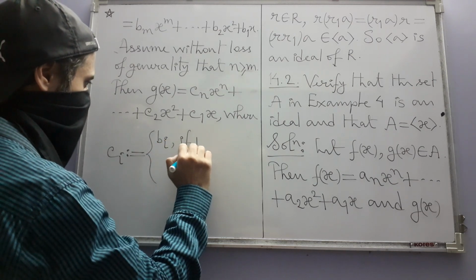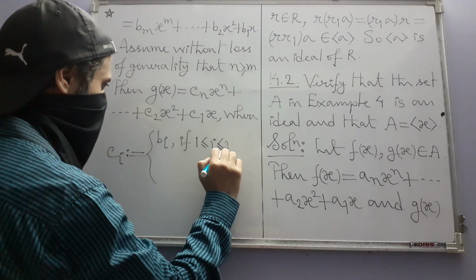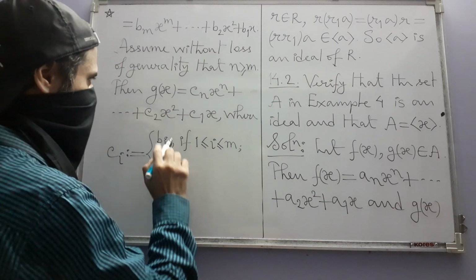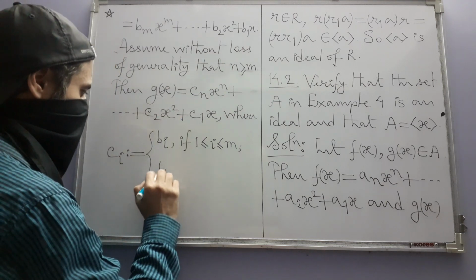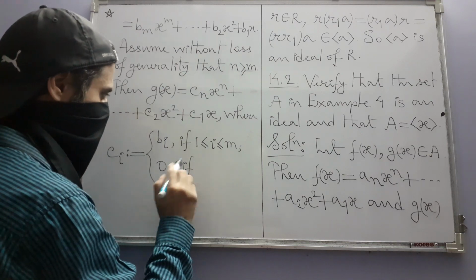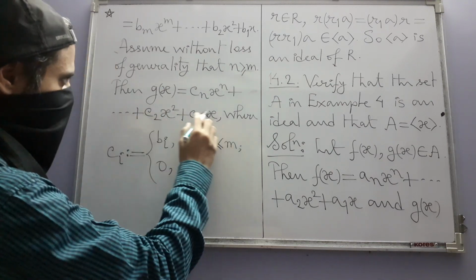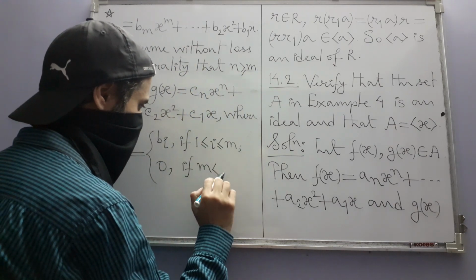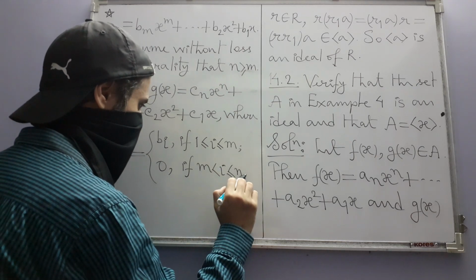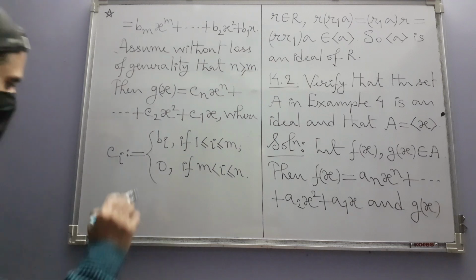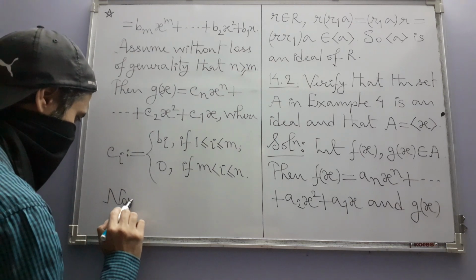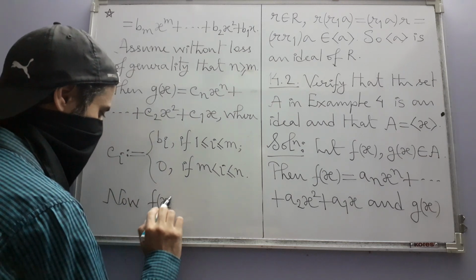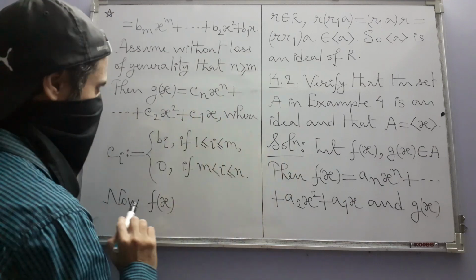And if there are higher values of i, for those values ci is just 0. So you can clearly see that this g of x is nothing but that one in fact. Now you can calculate the difference quickly, because now you have the same form in here and in there as well.